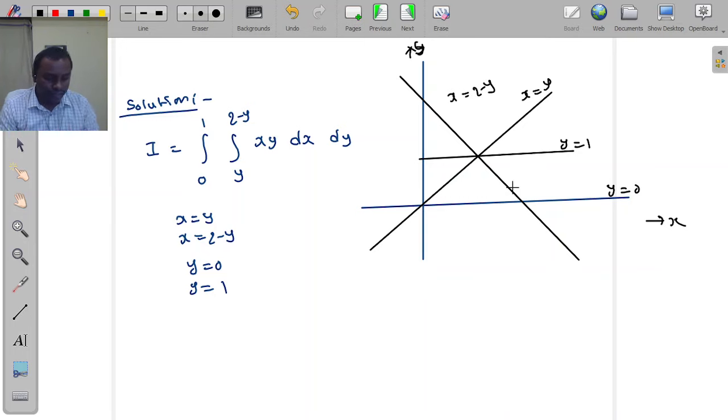Now we are integrating using this strip, because in this strip we are varying x from y to 2 minus y. This is the order of integration they have given. Now we need to change that order of integration.